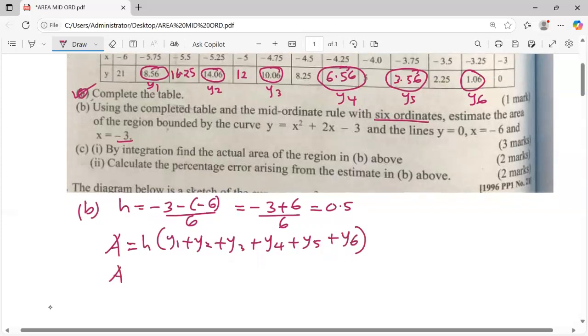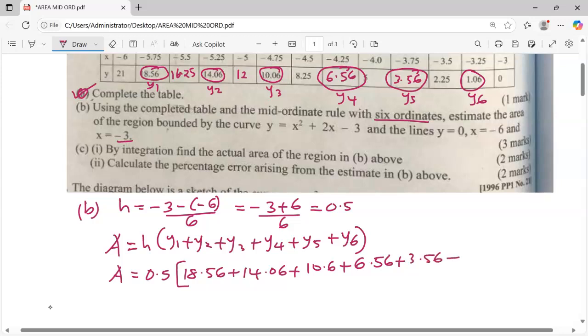So the area is going to be equal to the height of 0.5 into y1, which is 18.56, plus y2, which is 14.06, plus y3, which is 10.06, plus y4, which is 6.56, plus y5, which is 3.56, and lastly plus y6, which is 1.06.